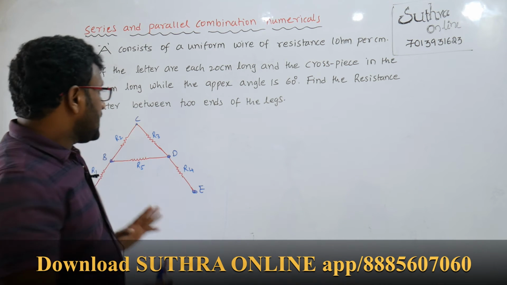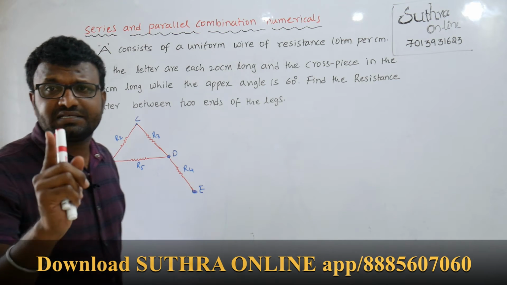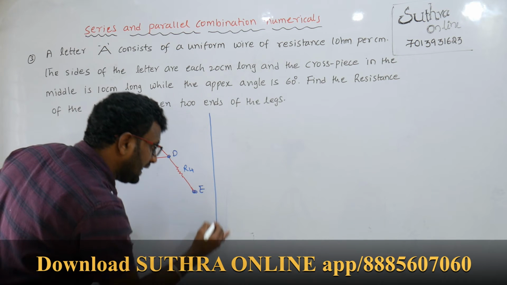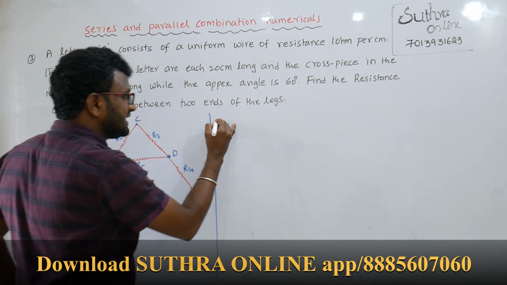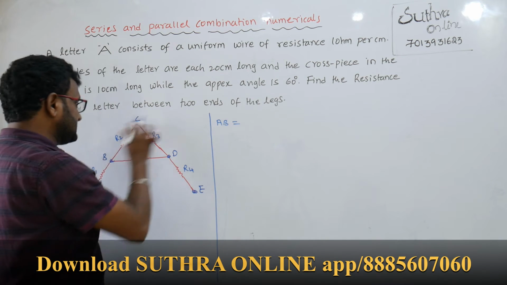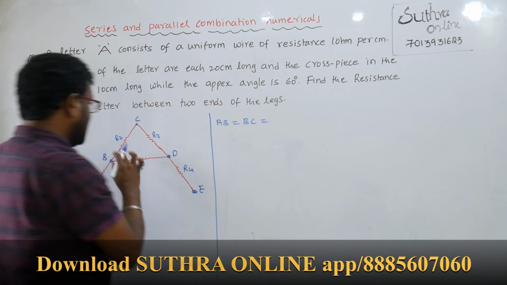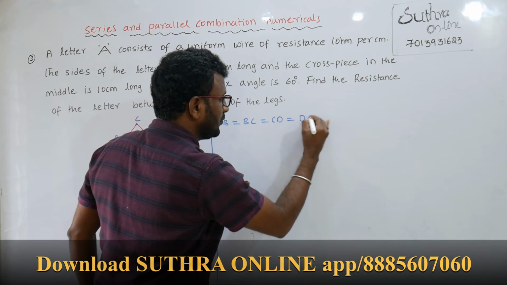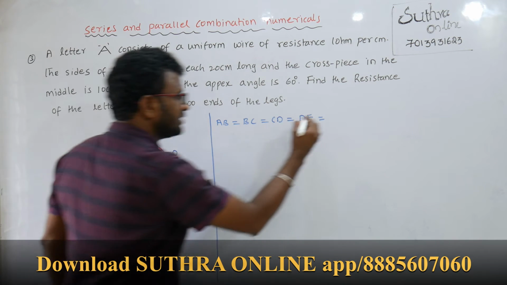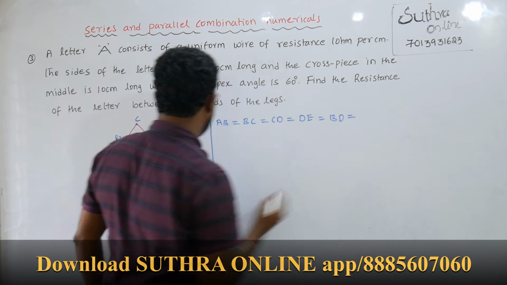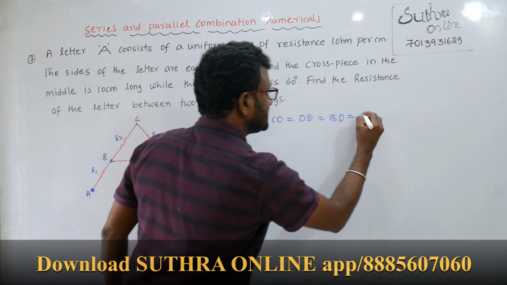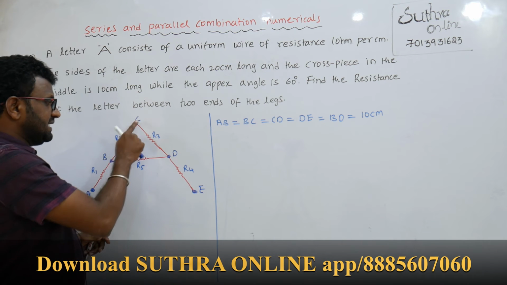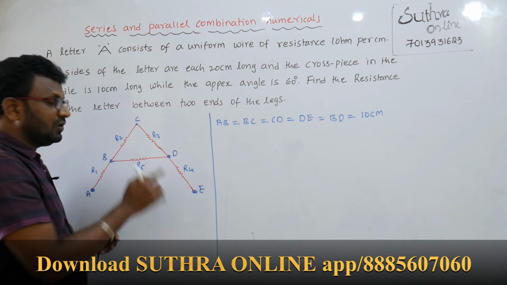For each centimeter the resistance is 1 ohm. So the resistances AB, BC, CD, DE and BD are each 10 centimeters long.